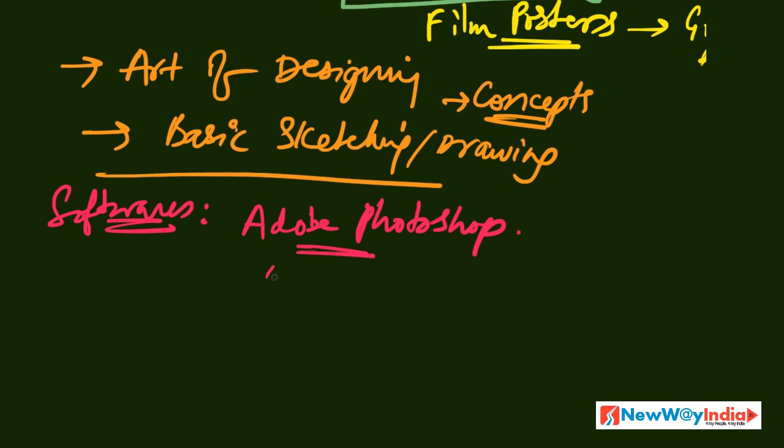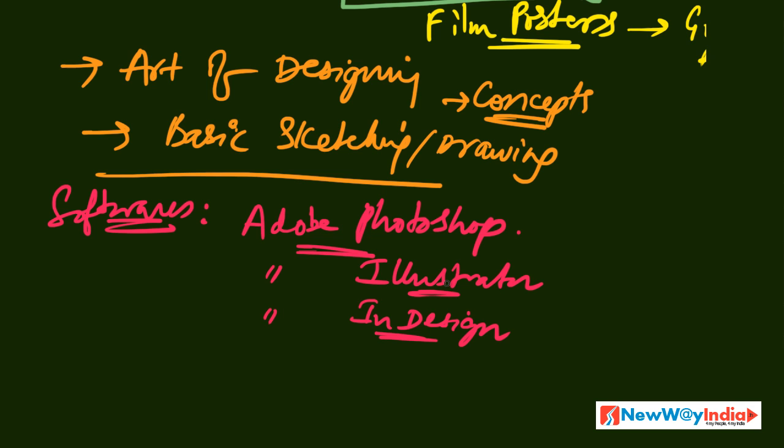Then from the same company, Adobe Illustrator. This is an illustration and vector graphics software you need to learn. Then from the same company, InDesign. This is also a very famous software. These three are the most fundamental softwares you need to master. You need to learn them first, slowly, and master them.